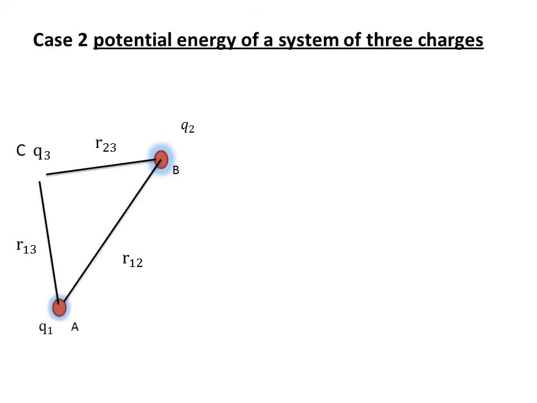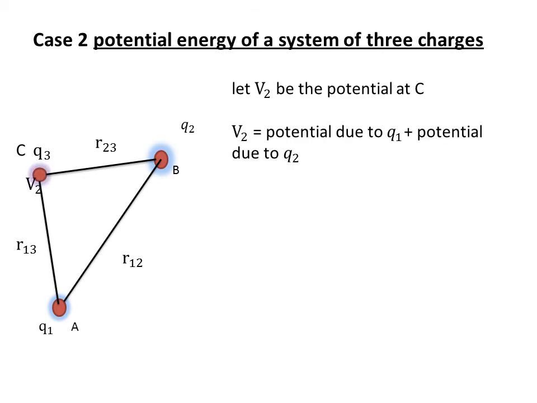Now let us try to make a system of three charges: q1 at A, q2 at B and q3 at C. We have already made a system of two charges, q1 at A and q2 at B. Now we have to make it a system of three charges by bringing a charge q3 to C. Let V2 be the potential at C. V2 is equal to potential due to q1 plus potential due to q2.